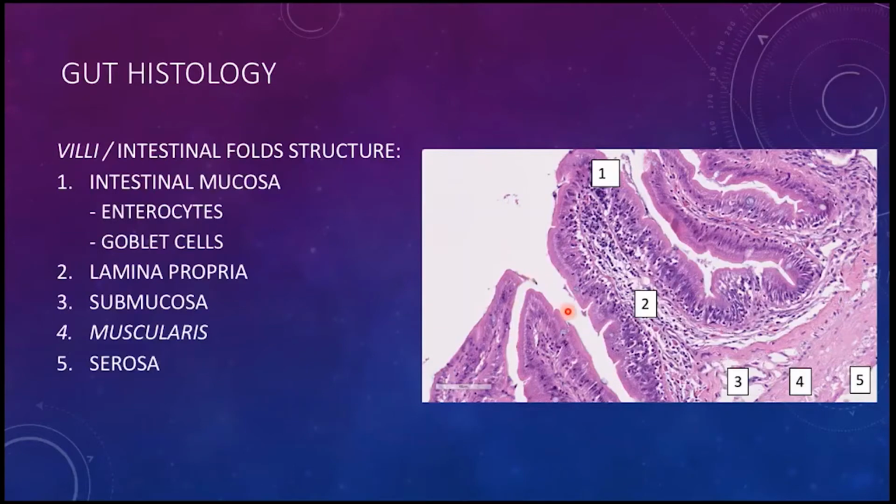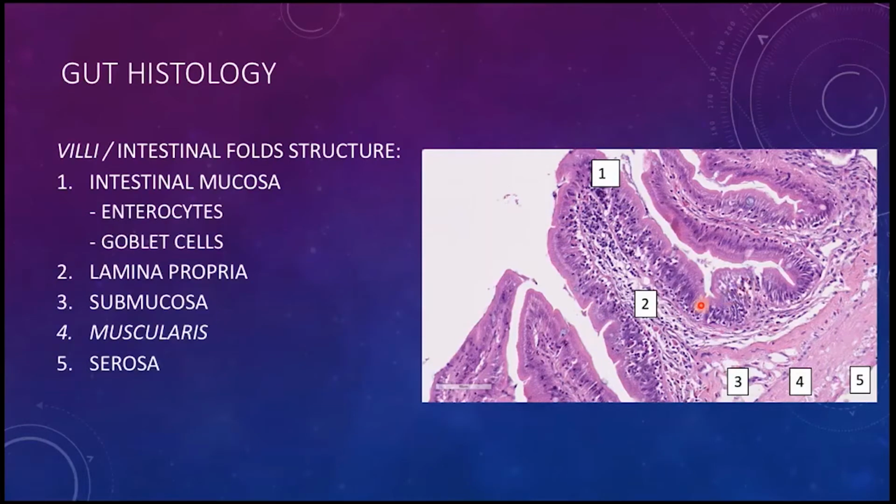First of all, we would have a layer of mucus just over all these projections. And then we have this pink single cell layer that is the first region of interest, the intestinal mucosa, which is made up of enterocytes, lining all the intestinal folds, and less frequently, but also in quite significant numbers, goblet cells.